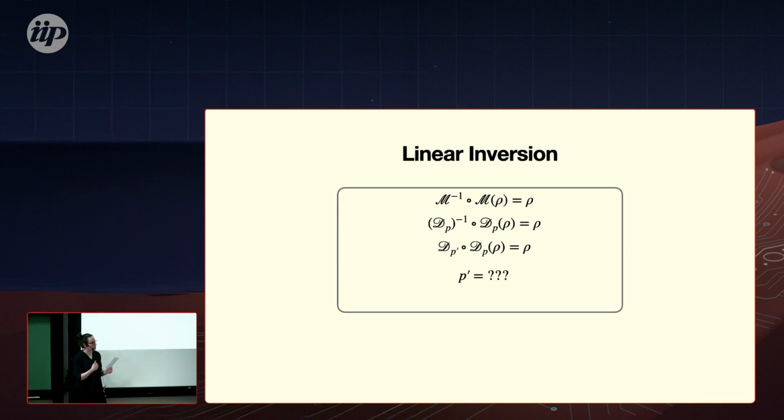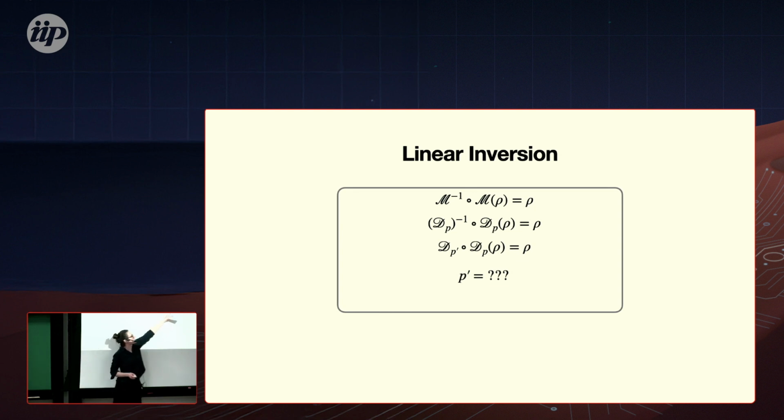And because we just derived that our measurement channel is the depolarizing channel, this goes for the depolarizing channel, right? And I'm very sure, and I can tell you that we will find a p prime that when I concatenate that with the depolarizing channel with the strength p, that this will actually cancel each other and then give back the quantum state rho, which is, I mean, it's not trivial, but I just make that assumption here.